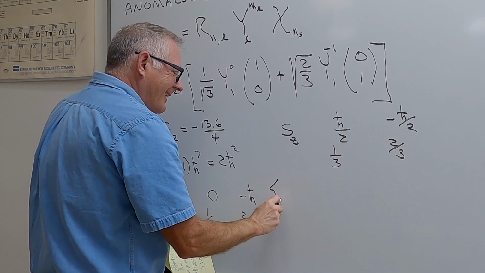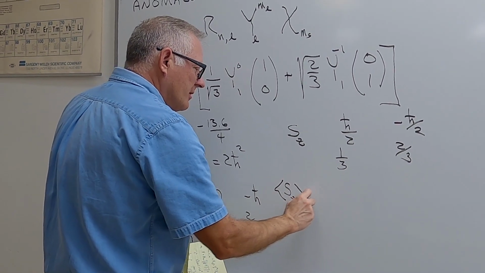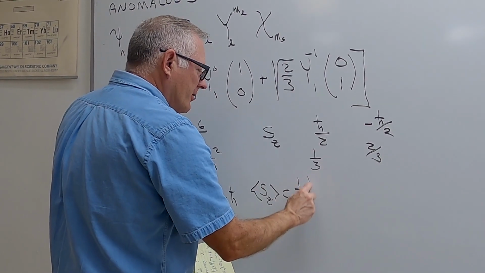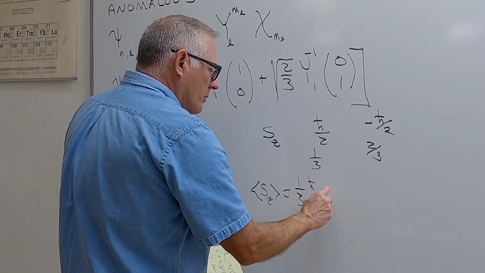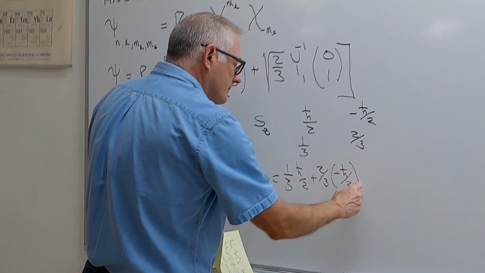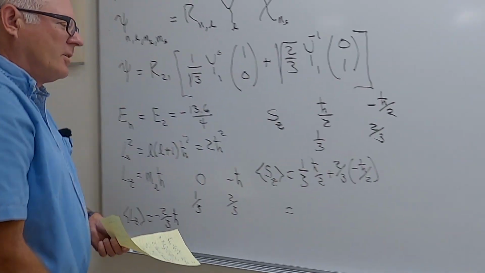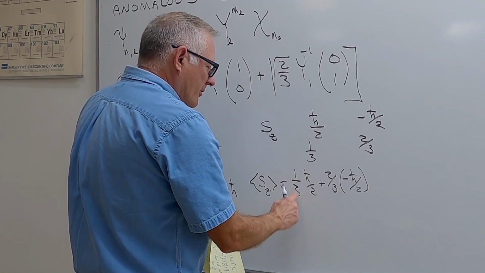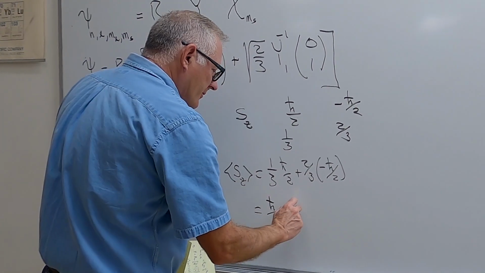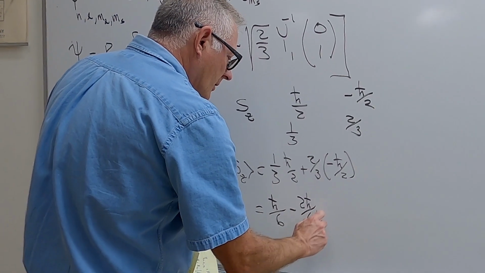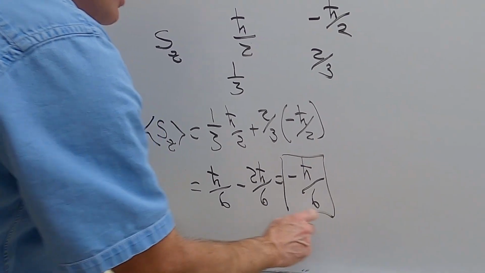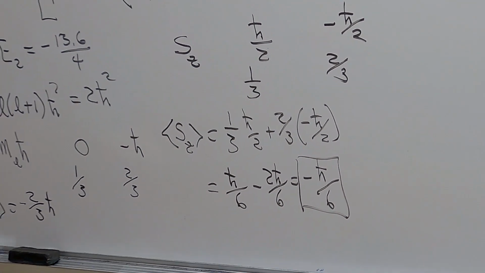So if I wanted to get the S sub z average, it'd be 1/3 times h bar over 2 plus 2/3 times minus h bar over 2, which is equal to h bar over 6 minus 2 h bar over 6, which is minus h bar over 6. So that would be the average S sub z.